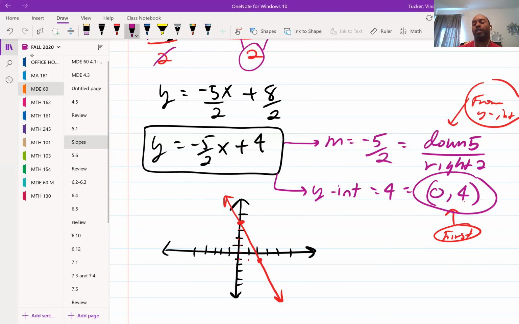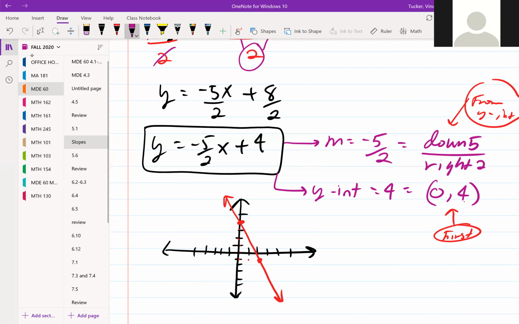The y-intercept is just another name for a point. It has nothing to do with what you do first. So it's not really an X or Y, it's just a point itself.